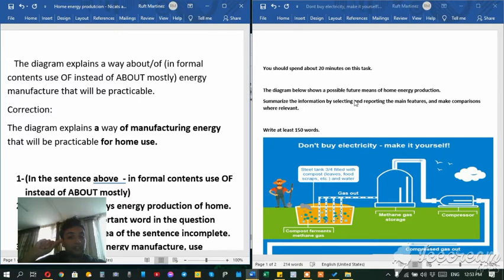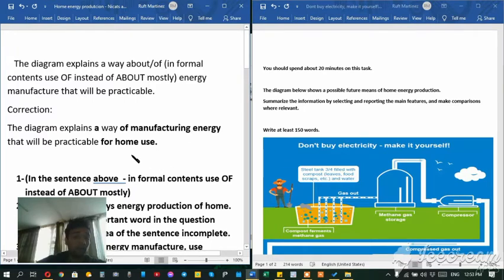Introduction. You cannot miss any word, especially the main idea. So here it says a possible future means of home energy production. So you missed the word home. You need to use the word home.